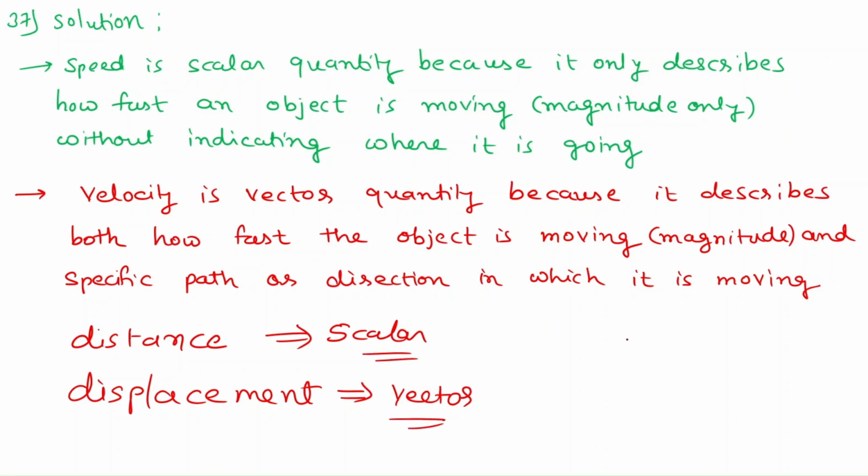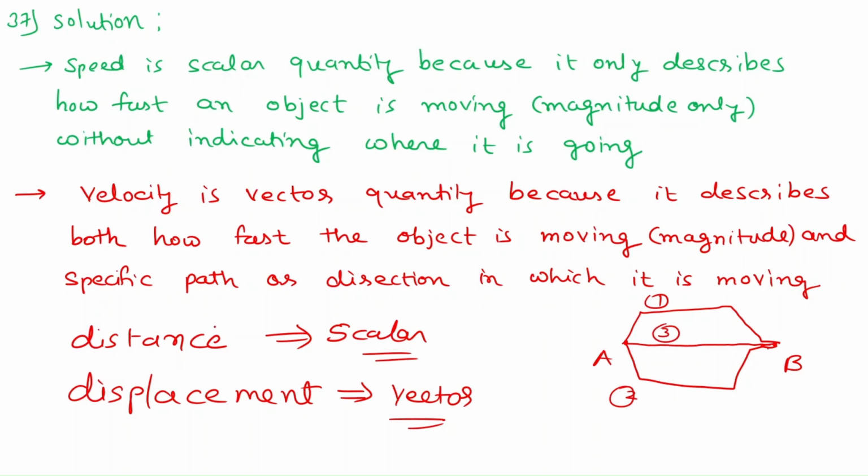Let me give one example. Here is a point A, and here is a point B. Now, one person takes this route, another person takes this route, and the third person goes straight. First, second, and third.